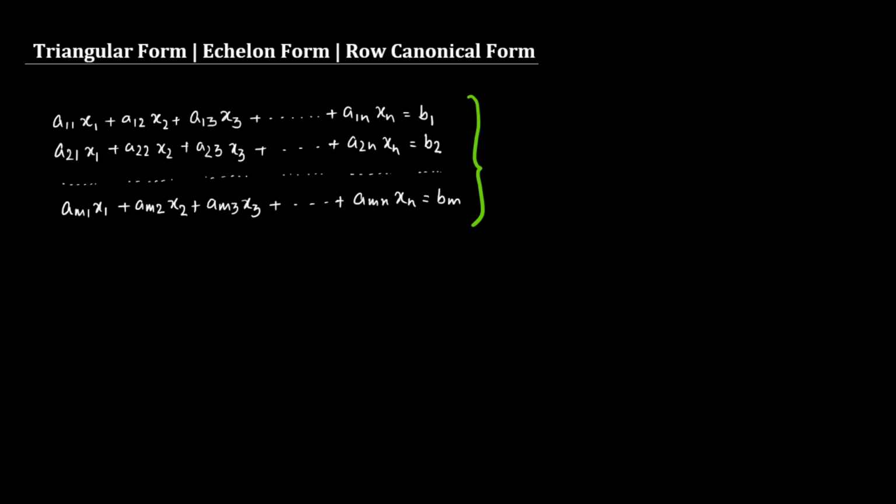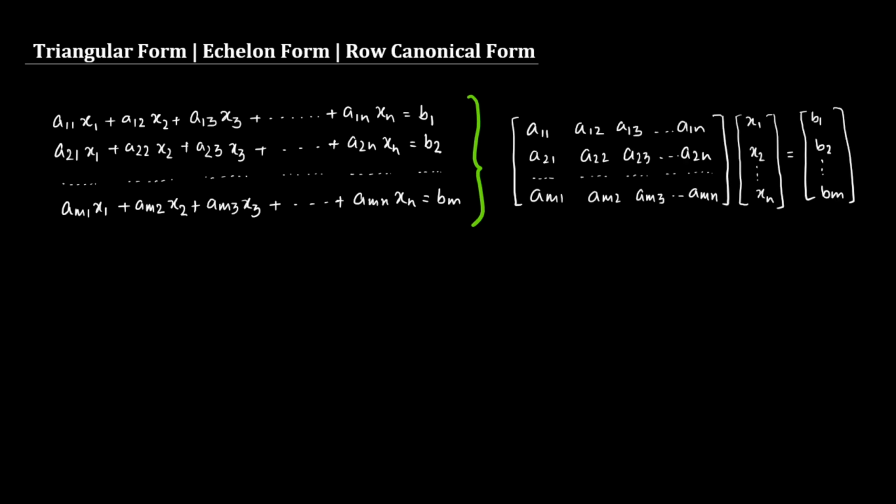This system can alternatively be represented using matrix notation as this, where this m by n coefficient matrix is popularly denoted by capital A, this n by 1 column matrix of unknowns is denoted by x, and this m by 1 column matrix of the right hand side constants is denoted by small b, and the system is popularly denoted as Ax = b in matrix notation.